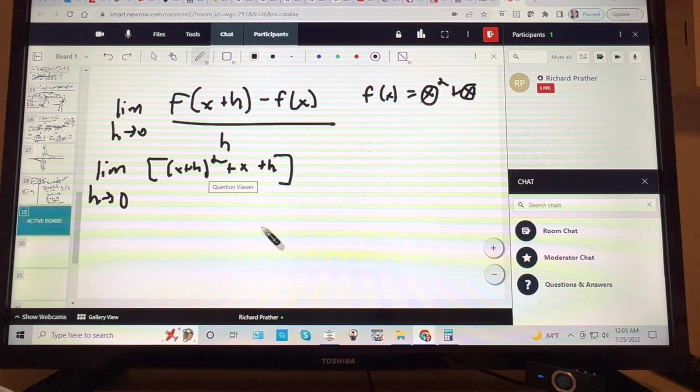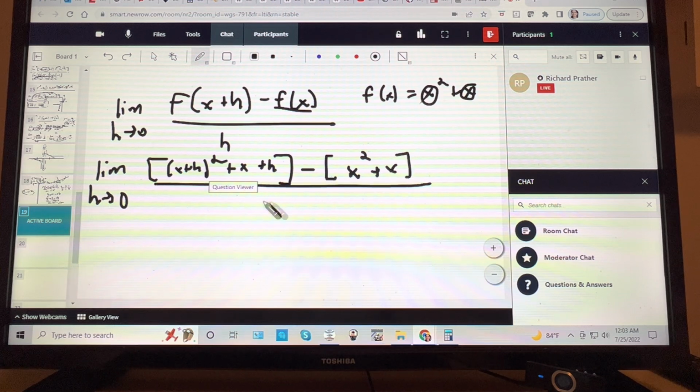So that whole bracket is f of x plus h, minus, now put the original f of x in the second bracket, all over h. We've squared binomials out before, so you're going to get an x squared. X times h gets doubled to 2xh. And then you get h squared.